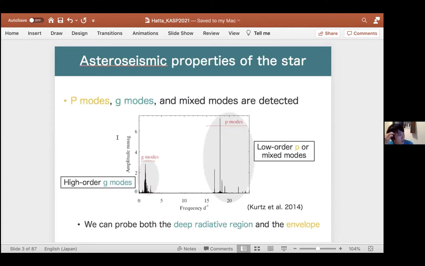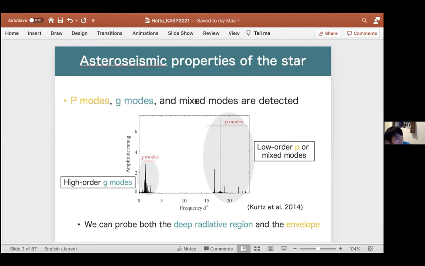As for the asteroseismic properties, p modes, g modes, and mixed modes are detected for the star. A p mode is a mode whose restoring force is pressure, for g modes the restoring force is gravity, and mixed modes have the mixed nature of p modes and g modes.